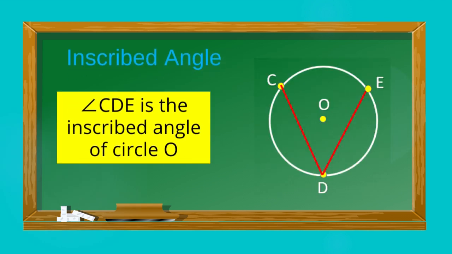Given an example of an inscribed angle, angle CDE is the inscribed angle of circle O. The chords are on the circle, so we have line segment CD and line segment ED.